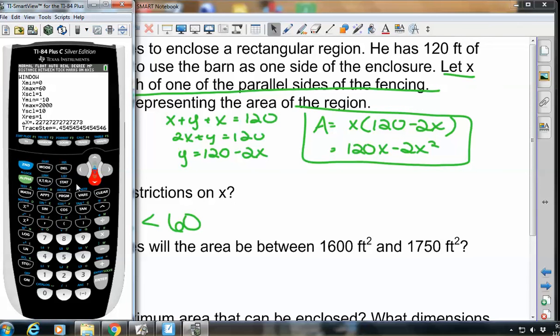You can make that something bigger, so you can do like a 10 or a 20 if you want. Does everybody have their window adjusted? Okay.